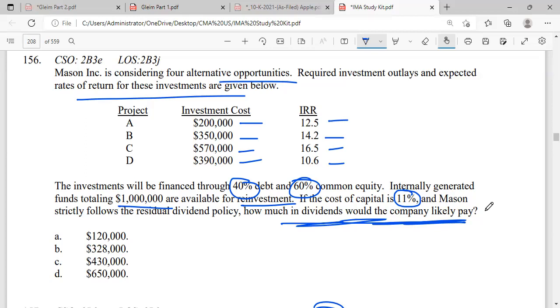Now, if you see here, what is he saying? Investments are financed through what? 40% is debt, 60% is equity. So if you just see here, what is this complete investment which you have to make?